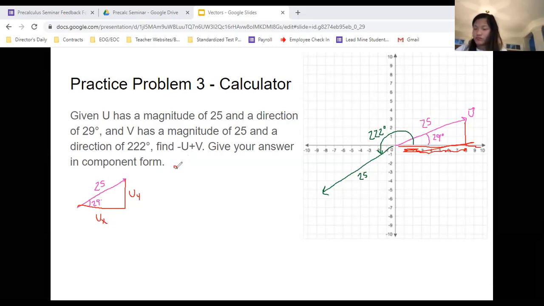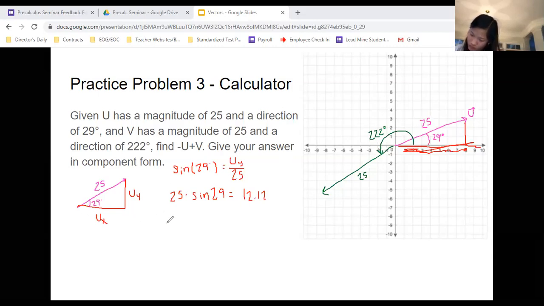I am going to set up sine of 29 degrees equals my opposite, which is my y component, over my hypotenuse, 25. I can solve this. This is going to be 25 times the sine of 29 degrees, and this should be 12.12.